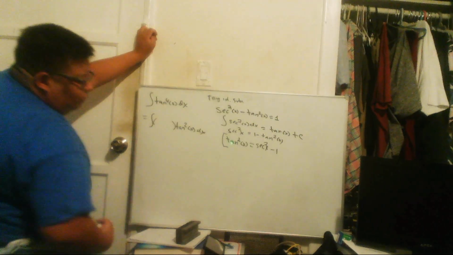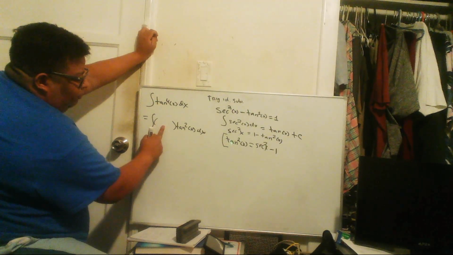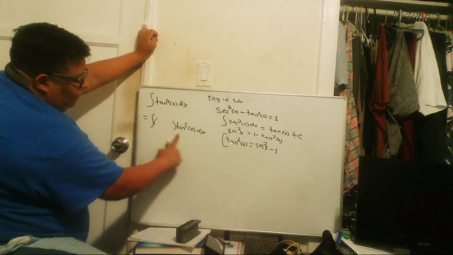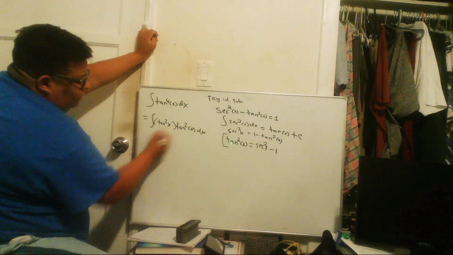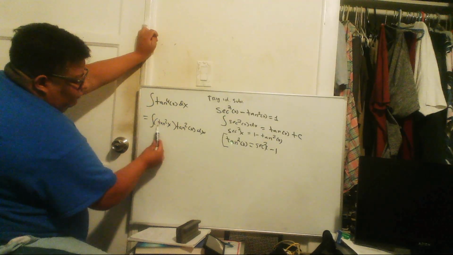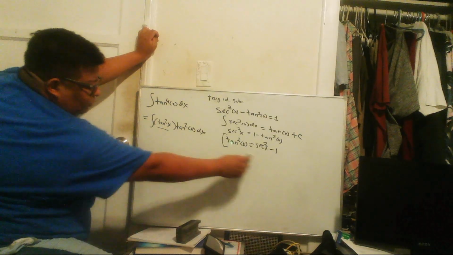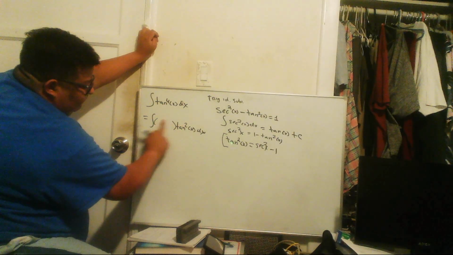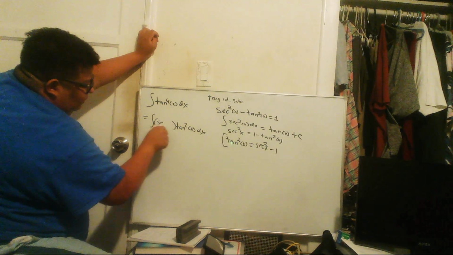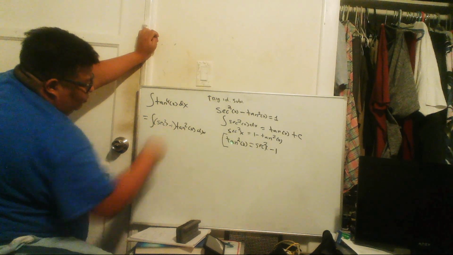Right now we have tangent square x, but instead of tangent square x we're gonna substitute secant square x minus 1.